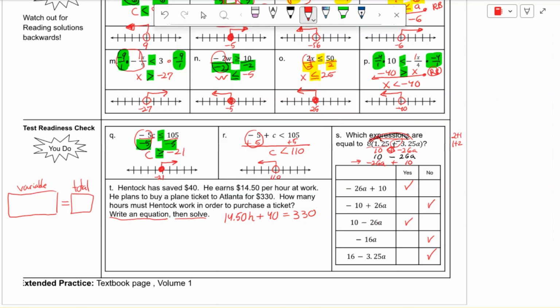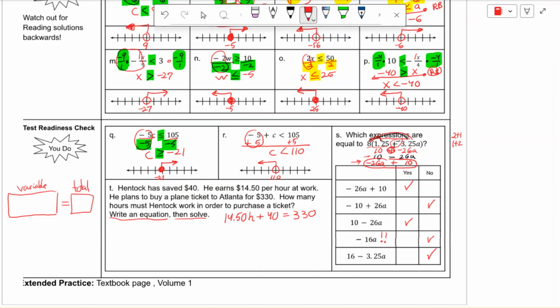Now we have a positive 10 again, minus 26, and that's right in the middle, right here. Negative 16a, definitely not what you're supposed to be doing. If you chose this one, okay, I know that you're having some real difficulties. You are still trying to combine unlike terms. The 10 does not have an a, so it cannot be combined with a negative 26.